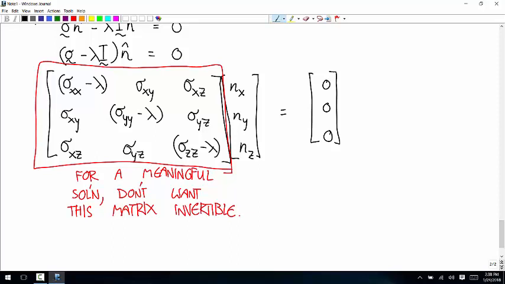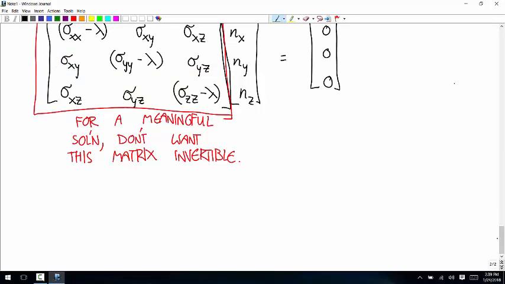Why don't we want that matrix invertible? Because if there was an inverse to this matrix, we could just multiply both sides by the inverse, and we'd come up with this eigenvector being equal to the inverse times the 0, so the components are equal to 0. That's a worthless equation. We don't want that trivial solution. We want the ones where you can't get a solution by inverting this matrix. So what does it take for that matrix to be non-invertible?